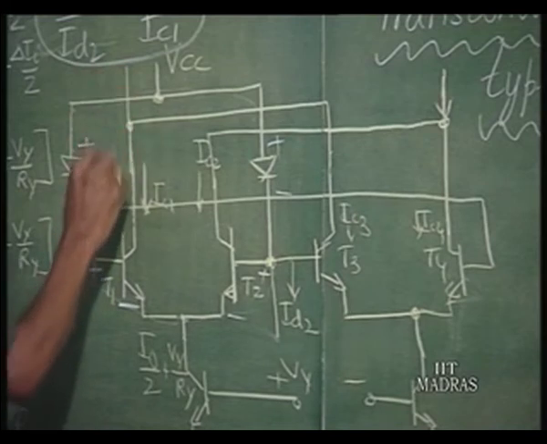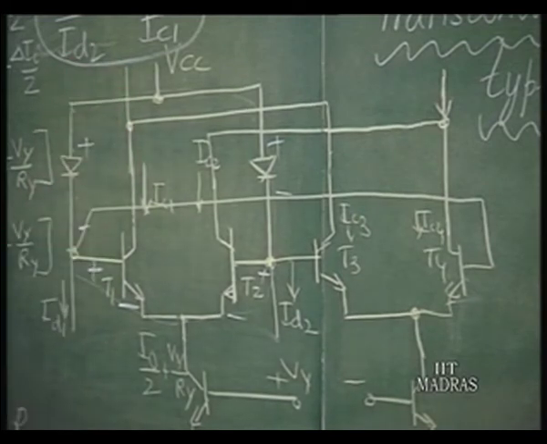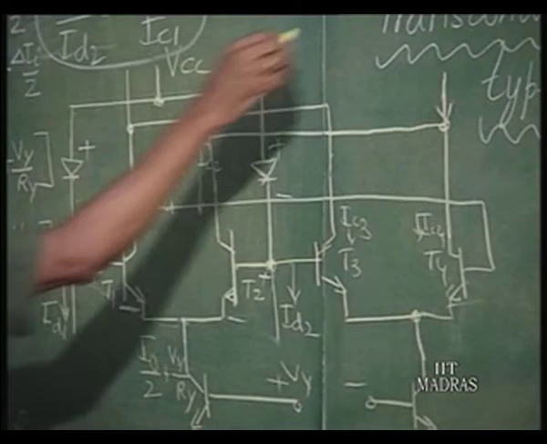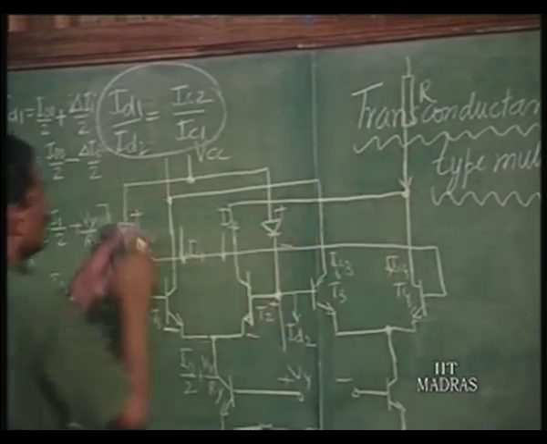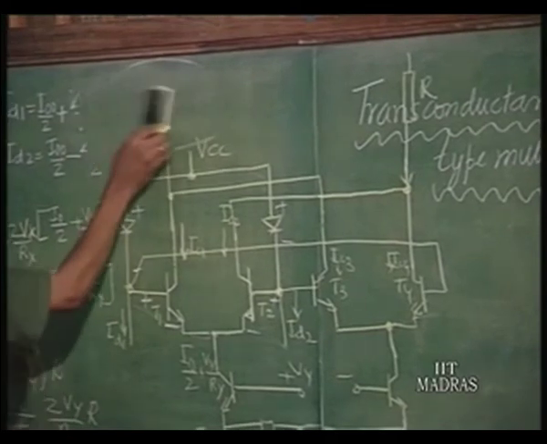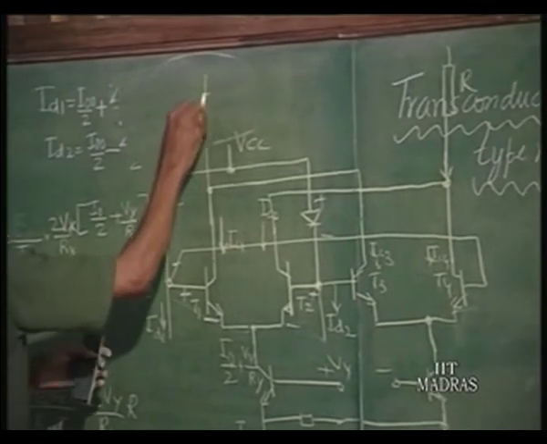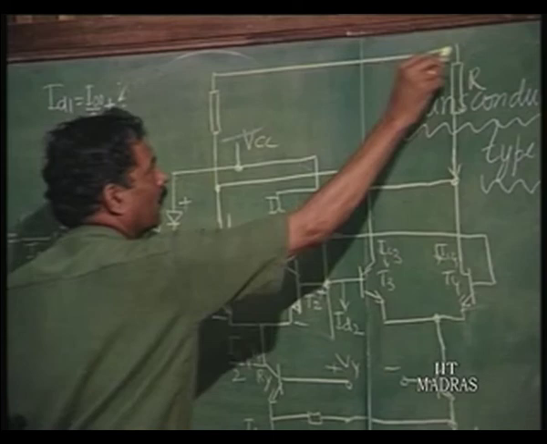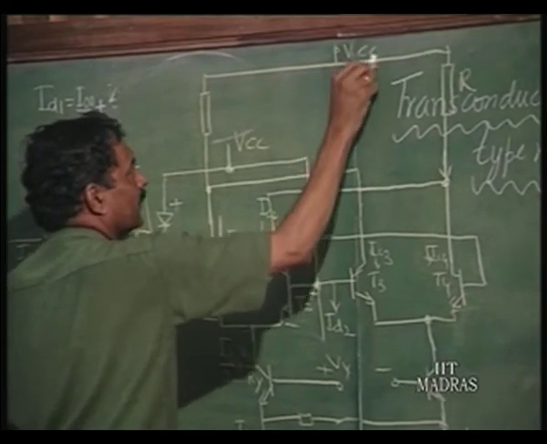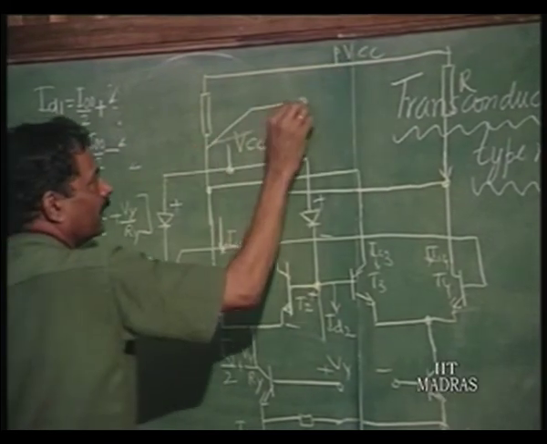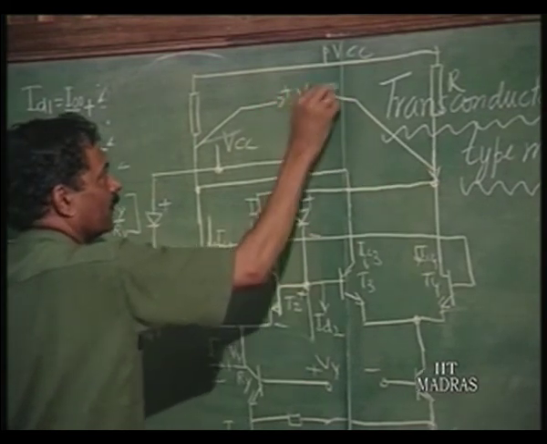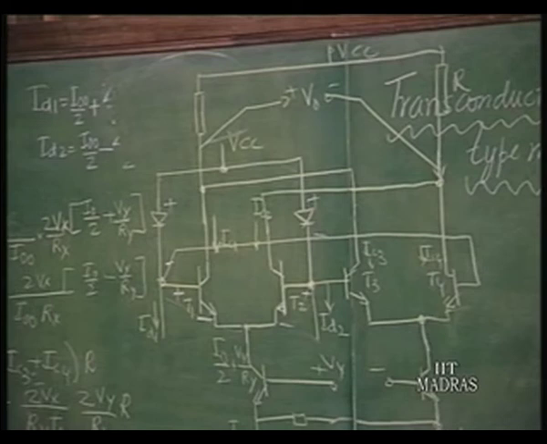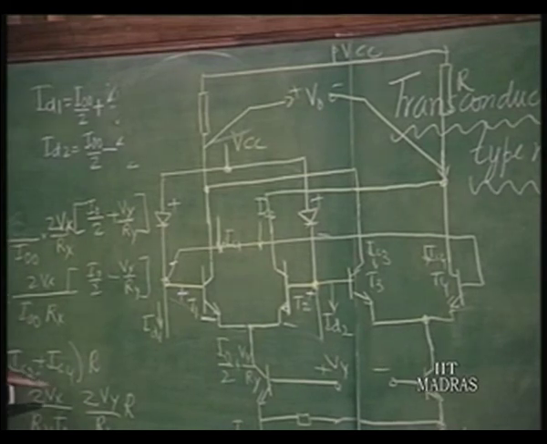So, this current is going to be IC1 plus IC3, and make these flow through resistances R, and connect it to VCC and take the differential output voltage V naught. That is going to be nothing but this.